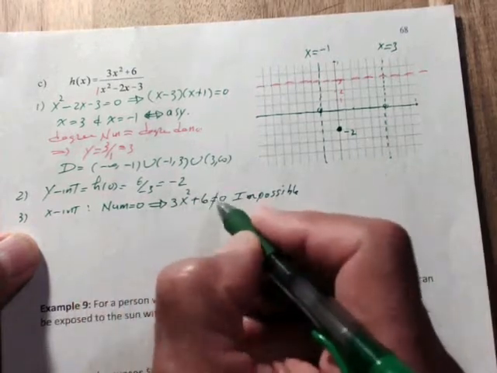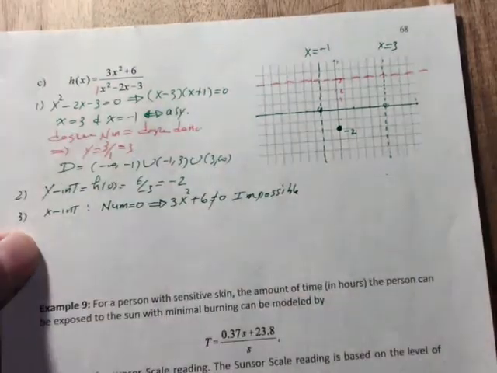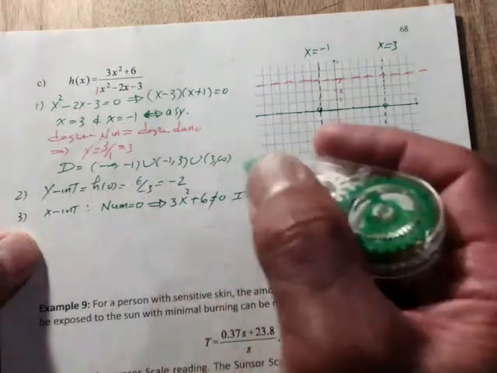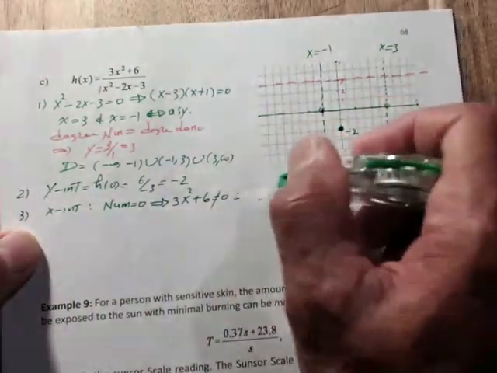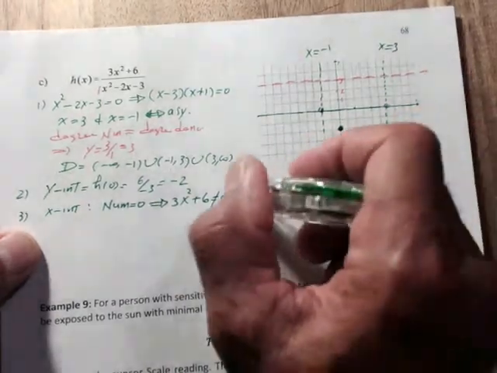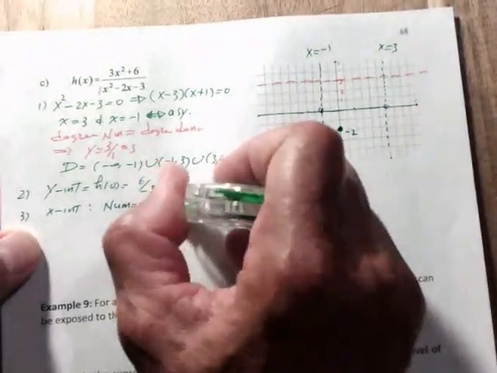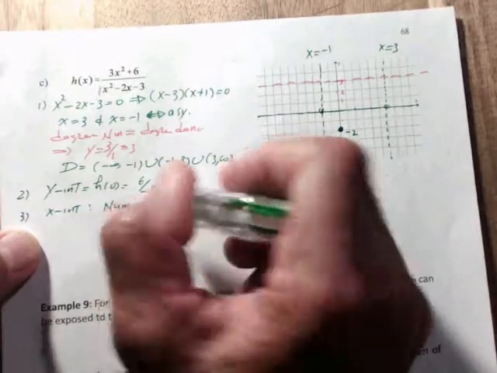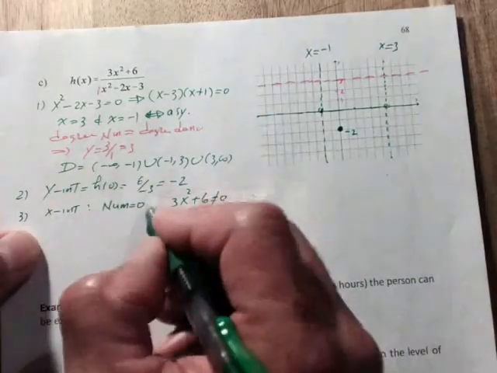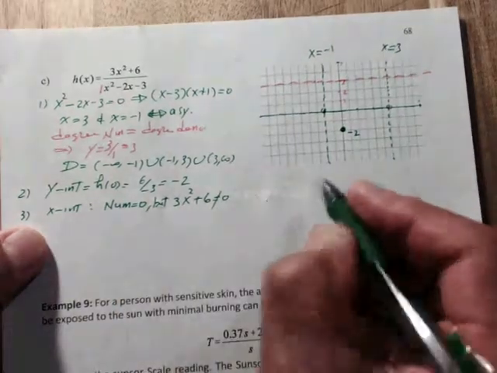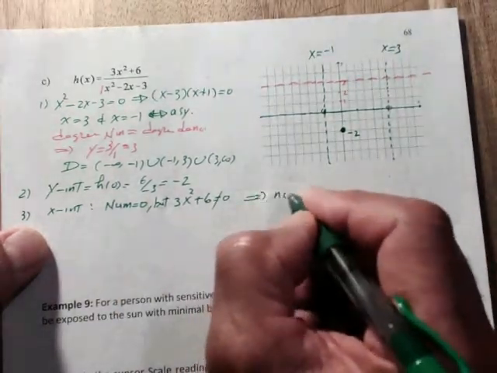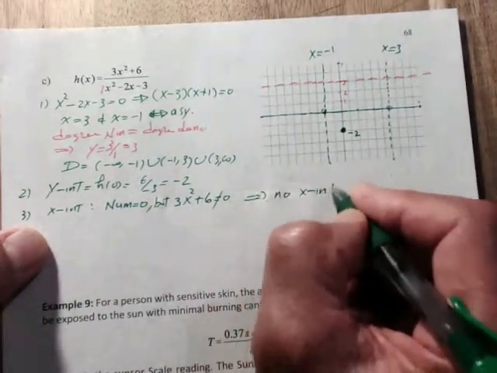This one is never 0, so I shouldn't say impossible. Let me rephrase it. Put the numerator equal to 0, but numerator is never 0. So that means no x-intercept.